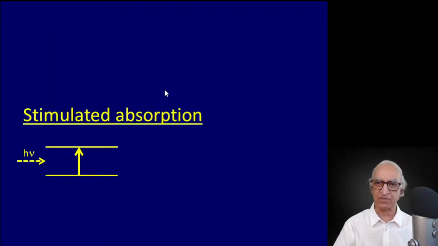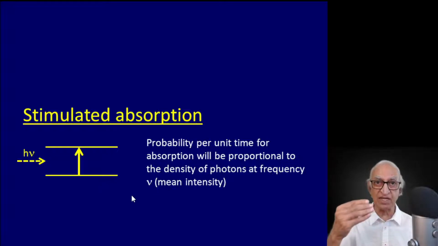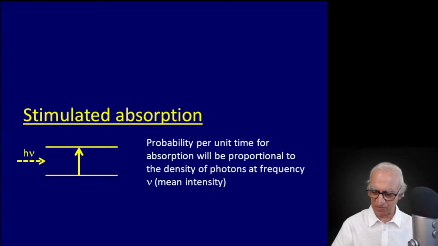Now let us look at stimulated absorption. An incident photon h nu makes an atom or a molecule jump from lower level 1 to upper level 2. The probability, once again you have to talk in terms of probability and not certainty, per unit time for this absorption will be proportional to the density of photons at the frequency nu. Clearly, if there are more photons at the frequency nu, the probability will be larger.